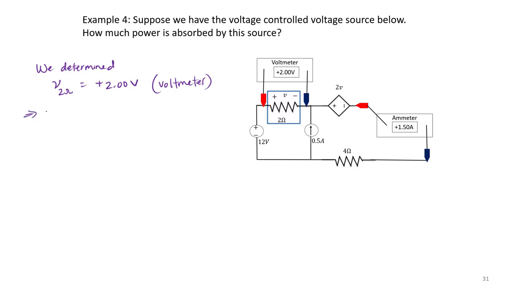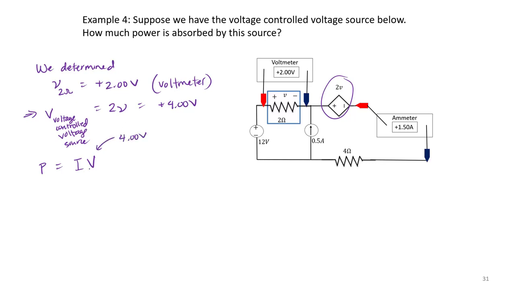So that means the voltage across our voltage-controlled source is 2V, or 4 volts. We want to find power across that source, and we know that power is current times voltage. We know that this is 4 volts.